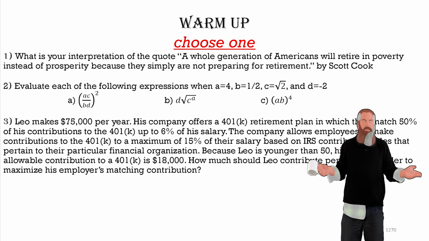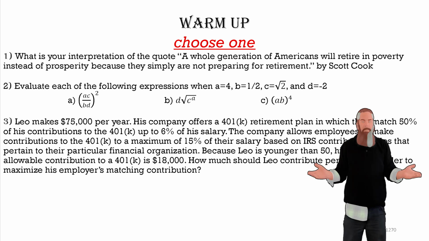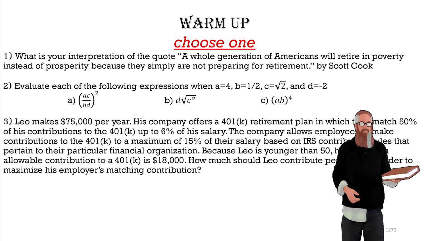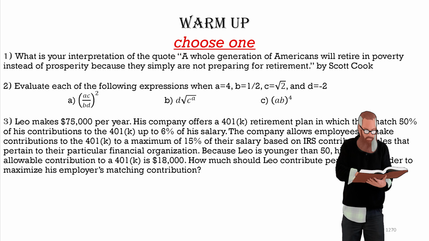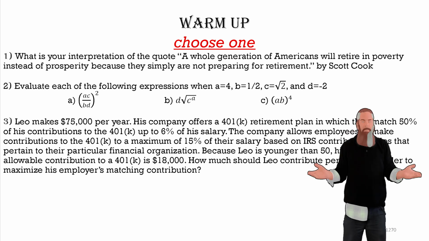Now let's take a look at a problem that you will be able to do by the end of this lesson, if you're not even able to do this yet. This is Leo, who makes $75,000 per year. His company offers a 401k retirement plan in which they match 50% of his contribution to the 401k up to 6% of his salary.